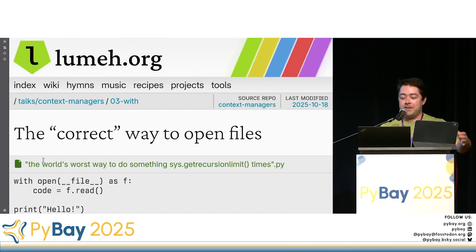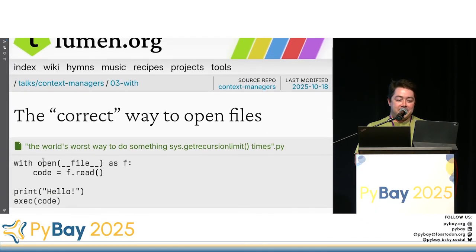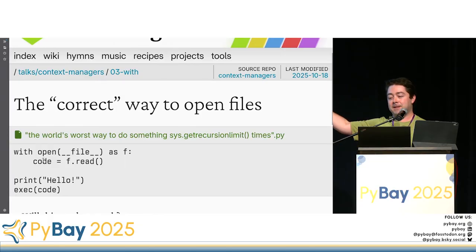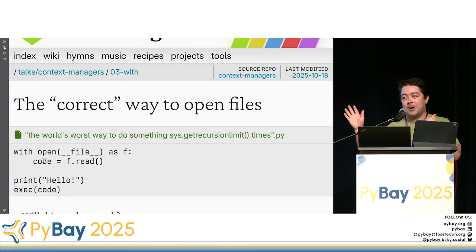That was a contrived example. You probably haven't run into this in practice, but it is possible to run into it accidentally, and context managers were designed to solve problems like this. This is the classic example of the correct way we're taught to open a file: you say with open.